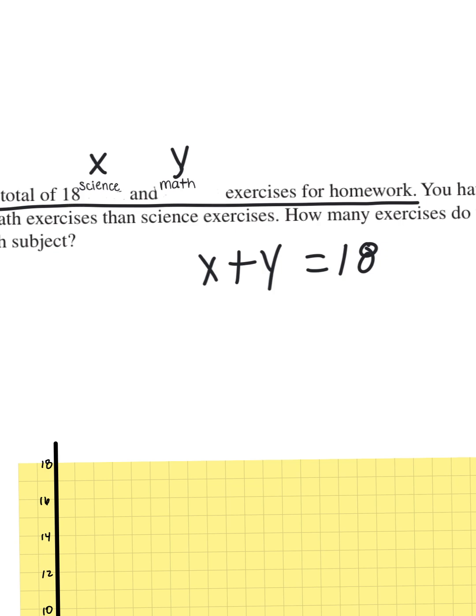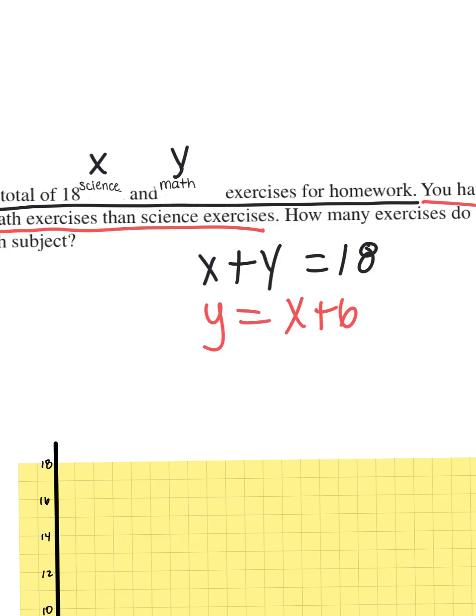It says you have 6 more math than science. So if science is x, math is y, math is equal to whatever science is plus 6. Because you have 6 more math than science.